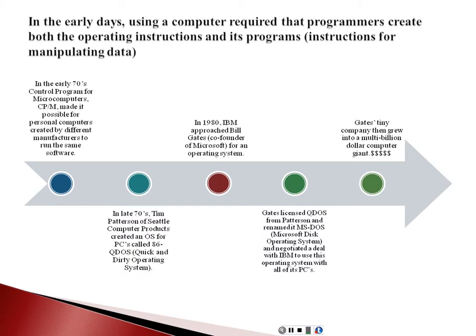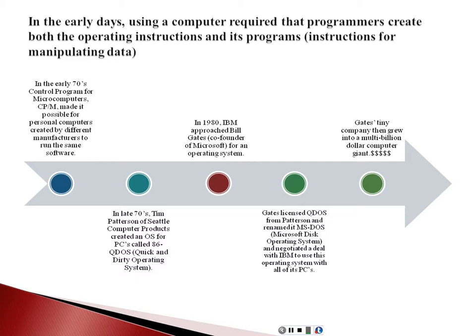So Microsoft Disk Operating System is MS-DOS, and he negotiated a deal that it was to be put on every IBM PC that was sold. And that is how Gates had a little tiny company of Microsoft, then grew into a multi-billion-dollar computer giant.